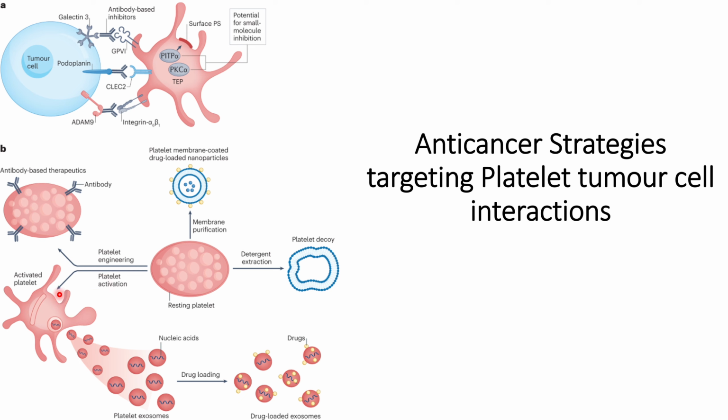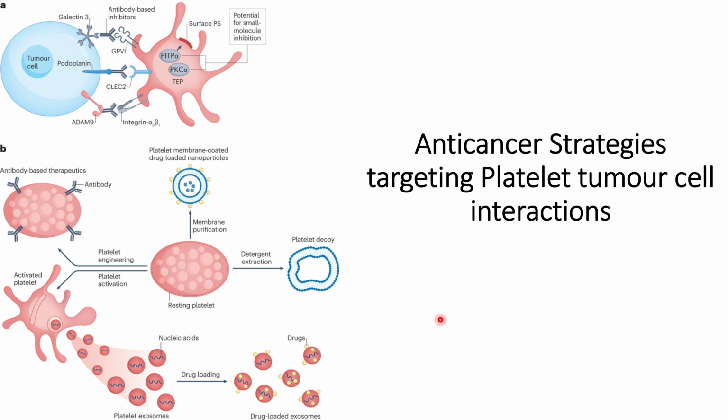Next is platelet activation. The platelets can be activated in vitro, in the lab, and thereafter the exosomes released by the platelets can be modified to contain a drug. These drug-loaded exosomes can then be used in patients affected with cancer, where the drugs can help in suppressing the tumors.